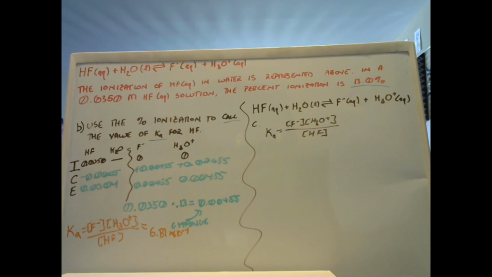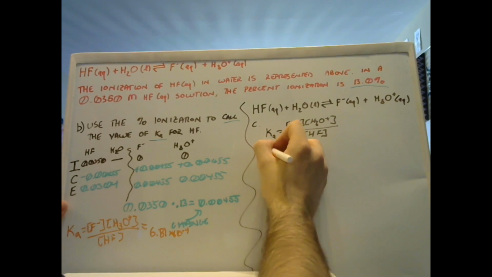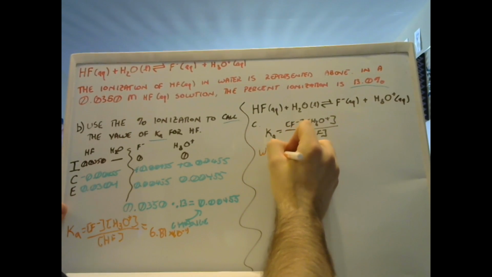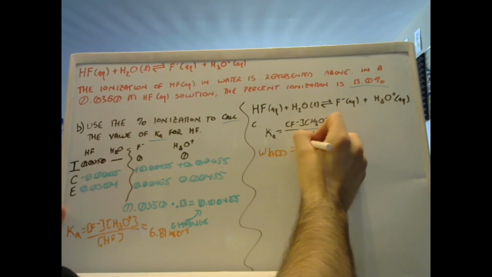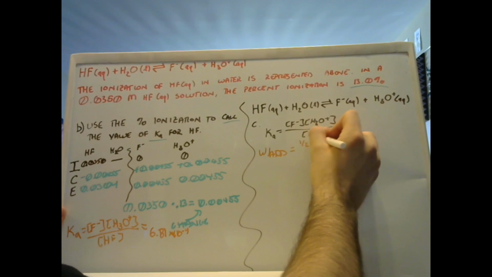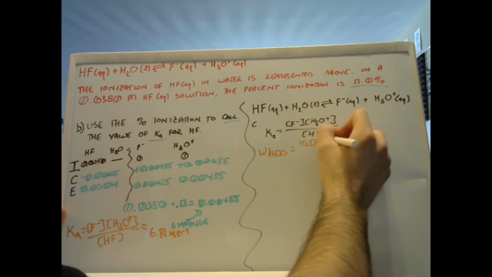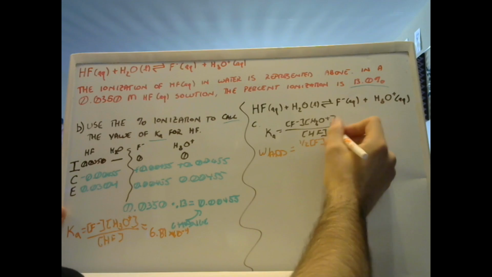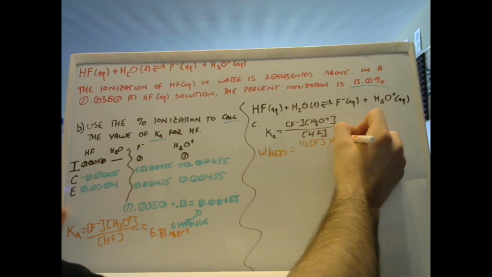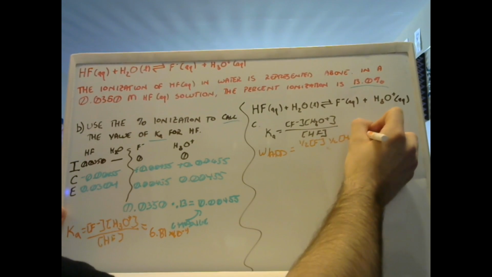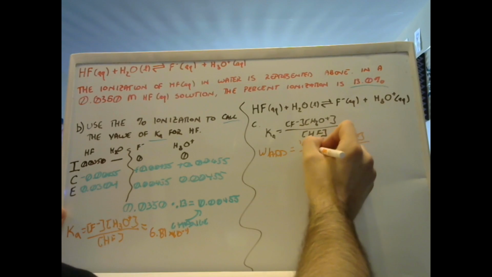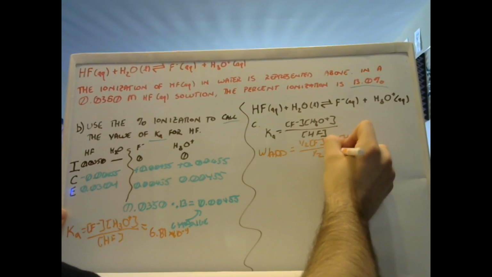Doubling the amount of water: we're adding 50 milliliters to 50 milliliters, which doubles our water and halves our concentrations. So, with the water added, we're going to have half as much F minus, half as much H3O plus, and half as much HF.